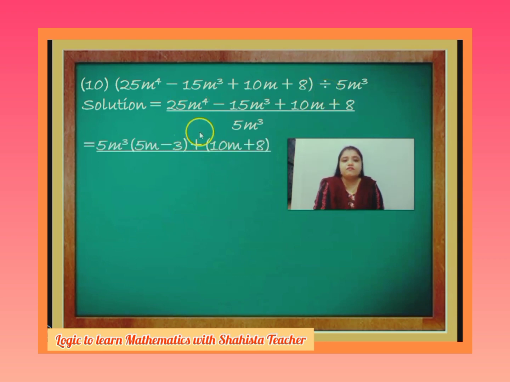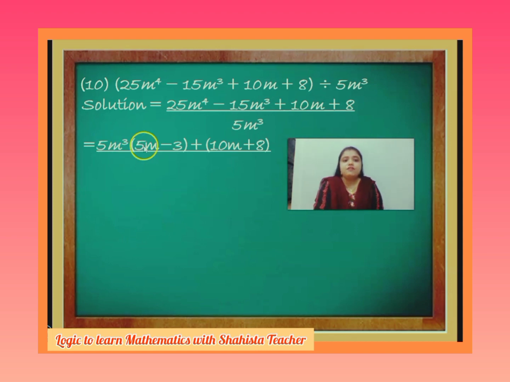Here 5m cube easily divides 25m raised to 4 and 15m cube, since 5 fives are 25 and 5 threes are 15. The last two terms, plus 10m plus 8, will remain as they are. So 5m cube goes outside the bracket, and inside the bracket we put 5m minus 3.